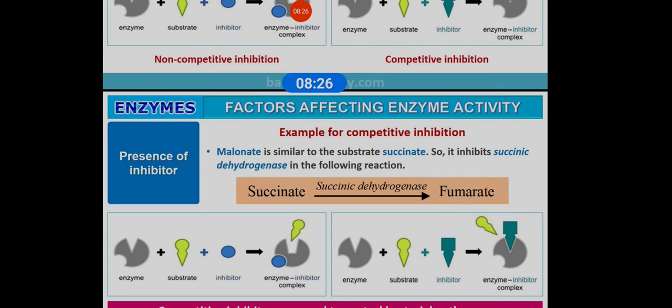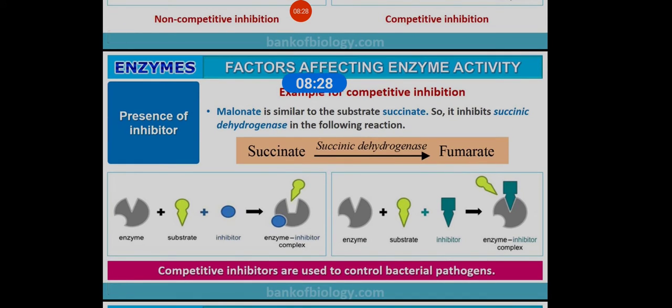A very good example is malonate, which is similar to the substrate succinate. Malonate is an inhibitor, fine, and the substrate is succinate, and both are competing. Malonate and succinate compete to combine with the enzyme succinic dehydrogenase.